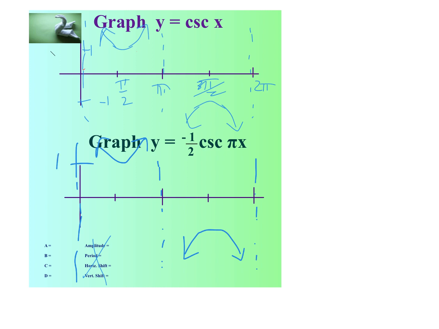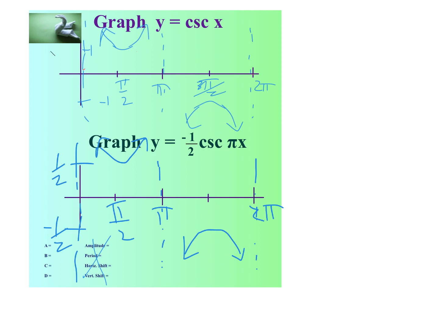And instead of 1 and -1, I'm going to change that to 1/2 and -1/2. Instead of 2 pi and pi over 2, I'm going to adjust all of those.